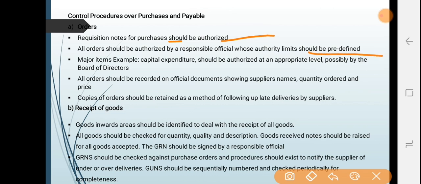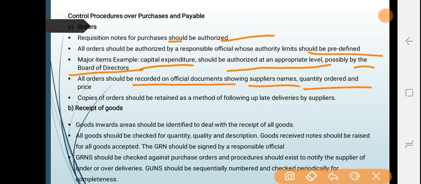Then major items, for example capital expenditure, should be authorized at an appropriate level, possibly by the board of directors. Then all orders should be recorded on official documents showing supplier's name, quantity, orders, and prices. Then copies of the order should be retained as a method of following up late deliveries by suppliers. This is all with respect to orders.